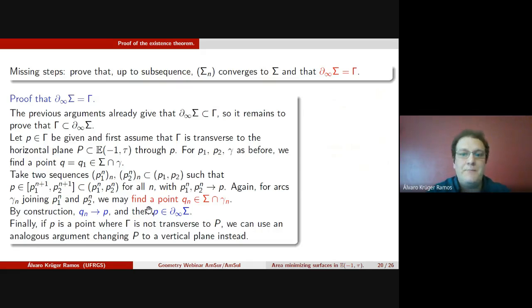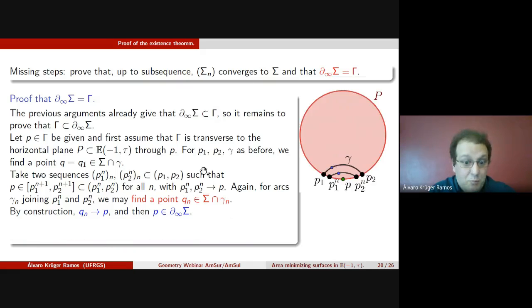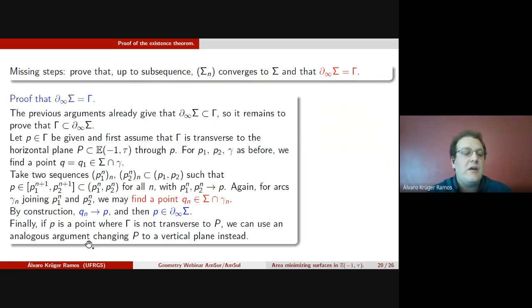But this is when gamma is transverse to the horizontal plane, but this argument is just topological. So for a point where it is not transverse to P, we can use an analogous argument, changing P to a vertical plane, and this proves the existence theorem.